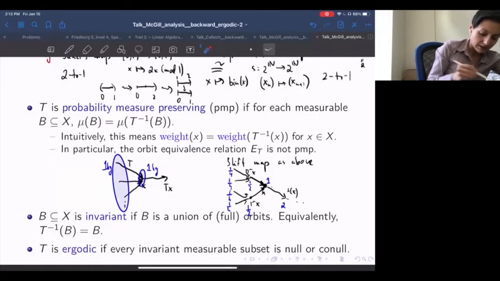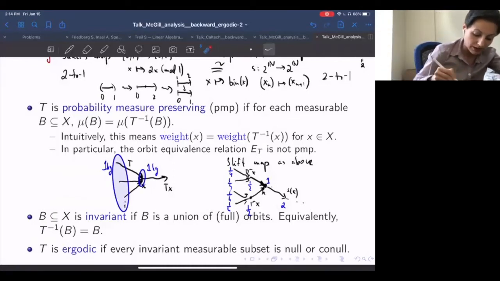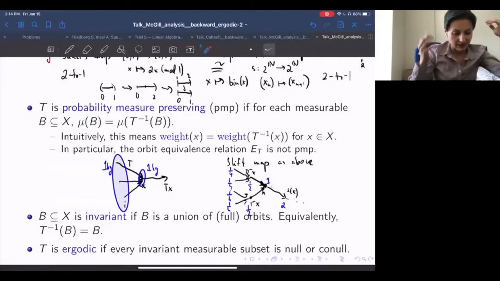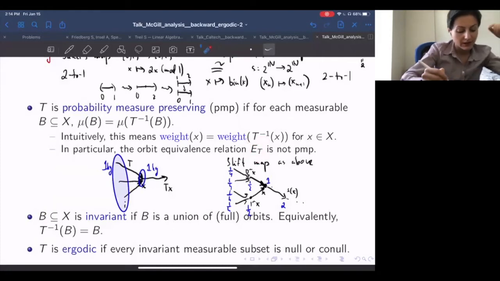Okay, and then we call a set B invariant, or T-invariant, if it is a union of full orbits, in both directions, pre-images and images. In other words, if you just take a pre-image of B, you get B back. Something that I think about a lot is that the equivalence relation I just defined, being in the same orbit, is denoted by E_T.